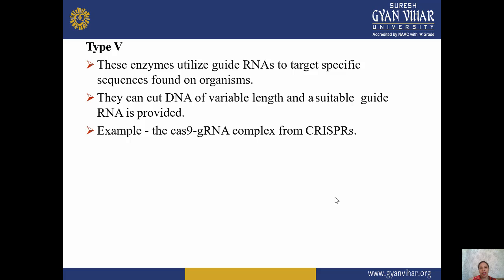So this type 5 basically has RNA involvement: it uses the RNA guide, targets the specific sequence, and produces internal cuts of variable length, again guided by the RNA. Examples are the Cas9-gRNA complex from CRISPR. So this is type 5, which is totally guided by the RNA.